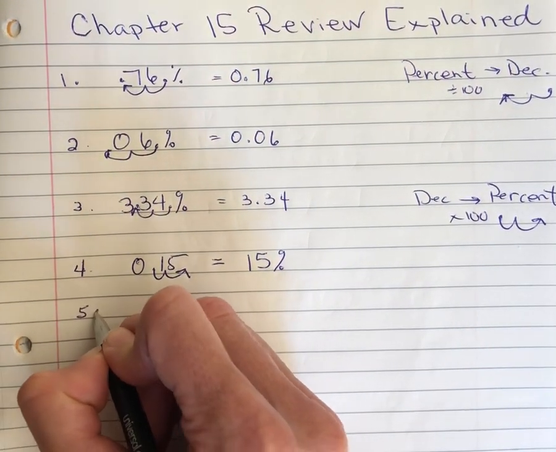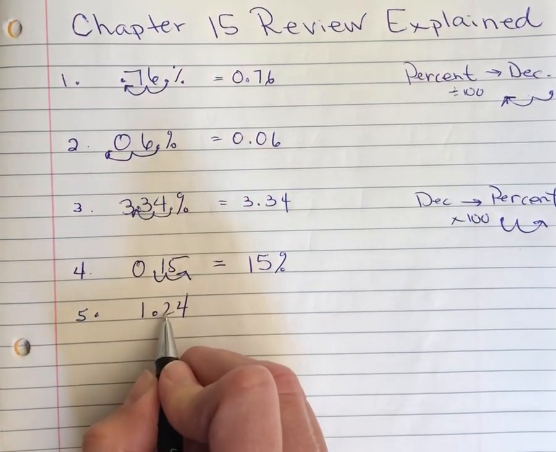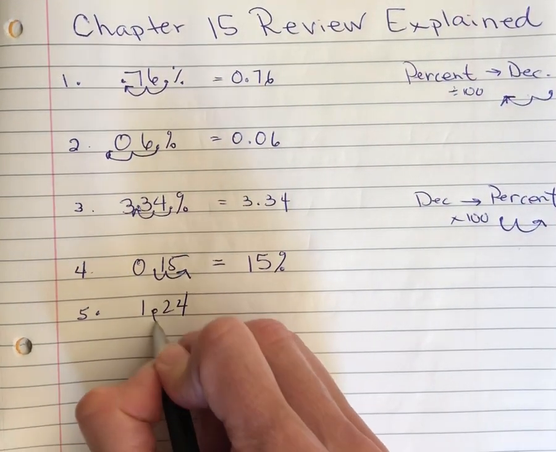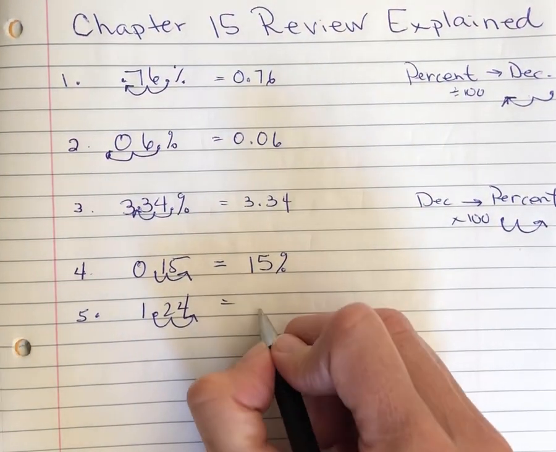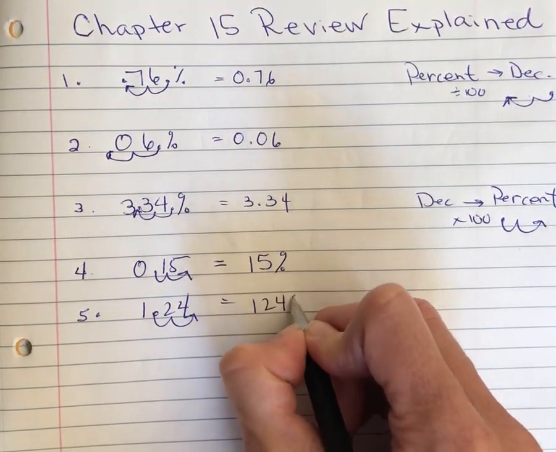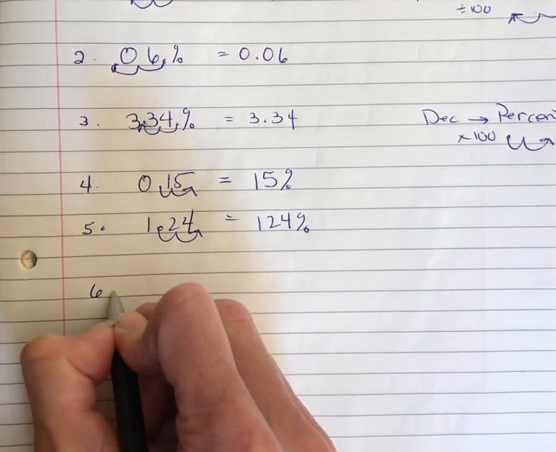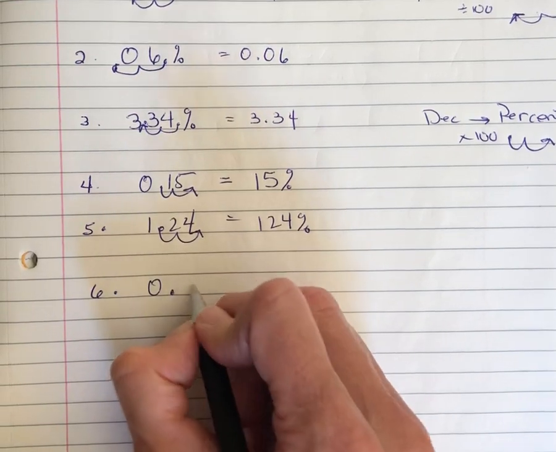Number 5, same strategy. Take that decimal point, multiply by 100, hopping the decimal point twice to the right, and we get 124%. Number 6, last one, just kind of like that. Ooh, we got a small decimal here.